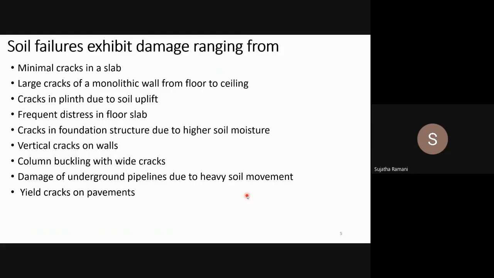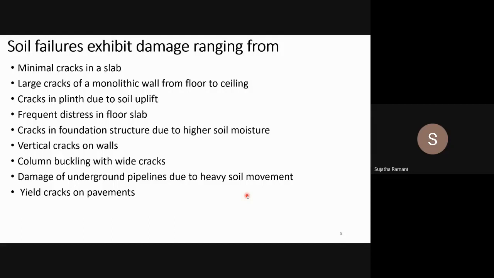They can happen through minimal cracks in the slab, or you can observe large monolithic cracks in the wall from the floor to ceiling. At the plinth level, you can observe some cracks which are basically because of the heaving in the soil, or because of the expansion in the soil. And in the floor slab, you can observe some distress.